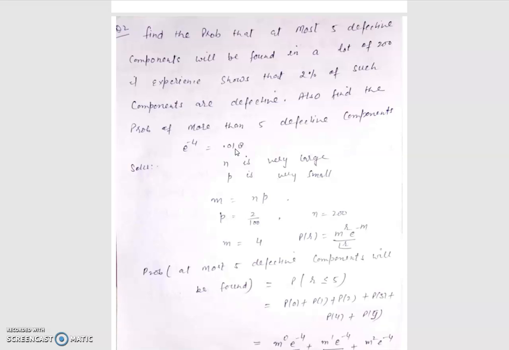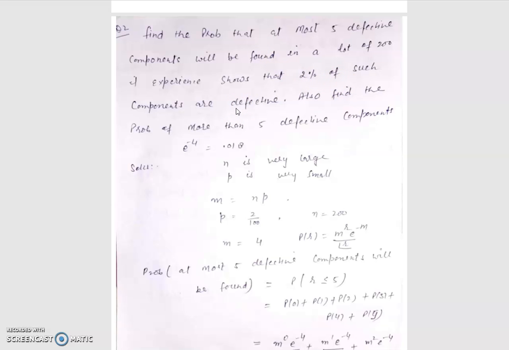Because we know very well that we apply the Poisson distribution when n is very large and p is very small. Here we have a lot of 200 components, and we have to find the probability of 5 defective components, where 2% of such components are defective.